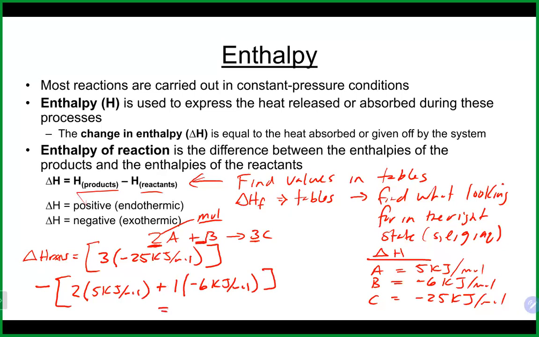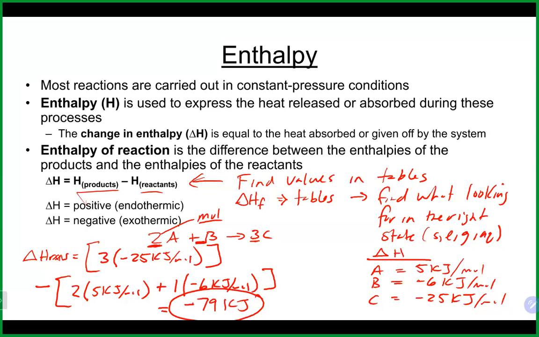And if we did all this with my made up numbers, let's see how bad I did here. 3 times negative 25, it equals minus, 2 times 5 plus negative 6. So it looks like I end up with, my calculator's right here, negative 79 kilojoules as my delta H for this.